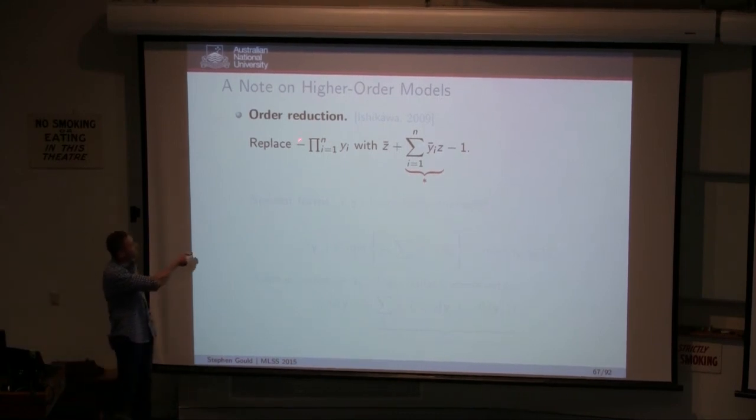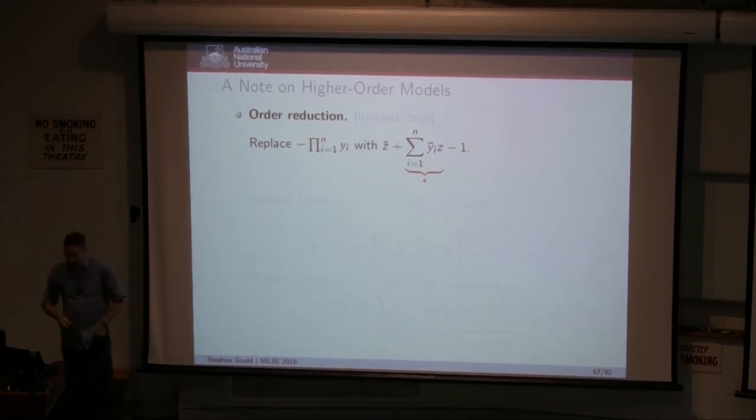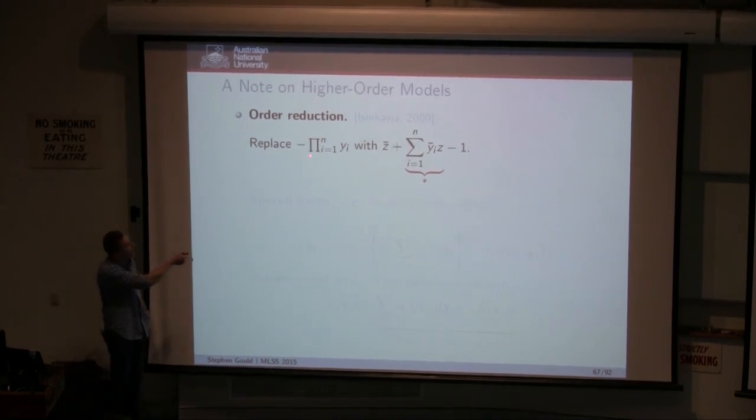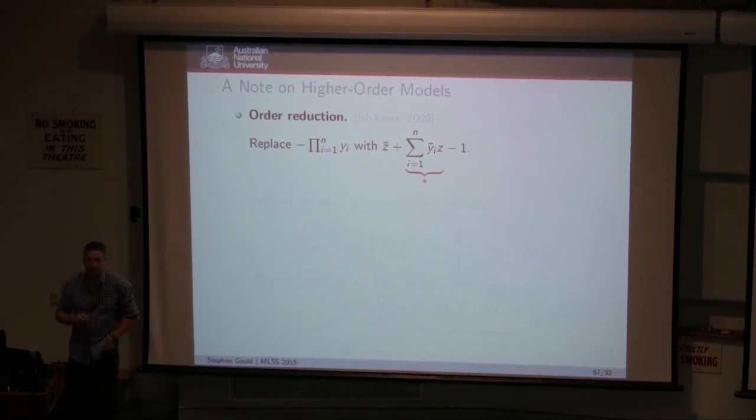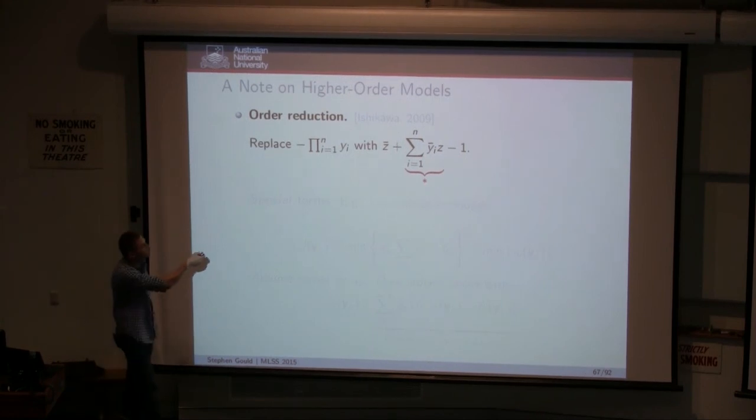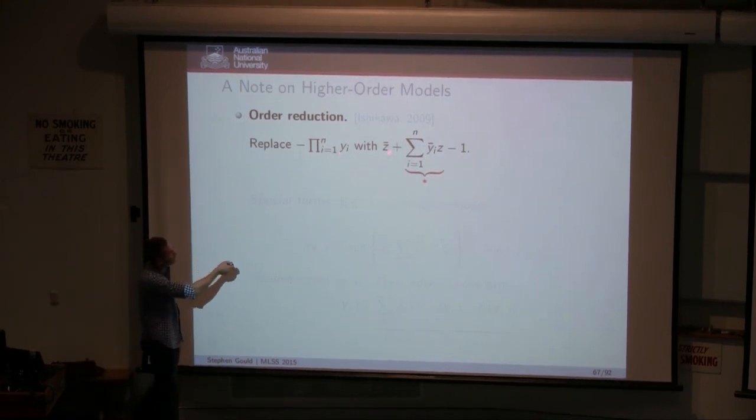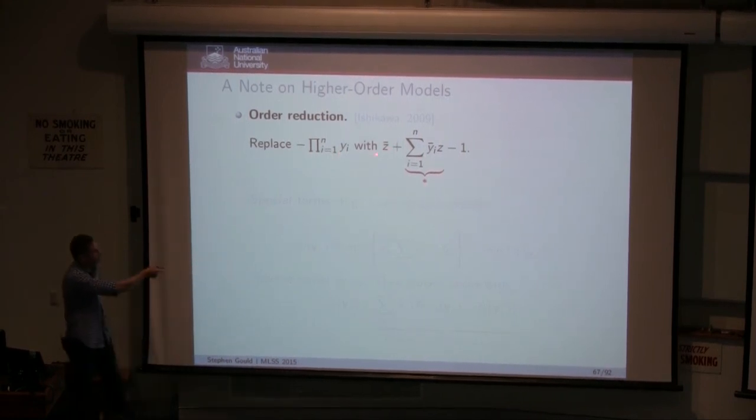It turns out that if you have a pseudo-Boolean function where you have a product of variables and a negative coefficient in front of that product, then you can replace that with this construction where we introduce an auxiliary variable z, and we replace this product with the sum of the negated, or the complement of those variables, times z.